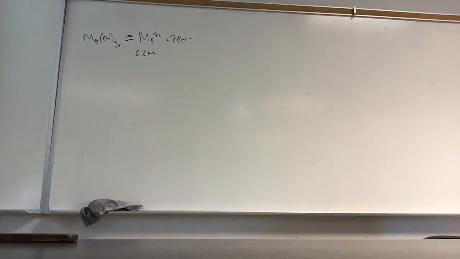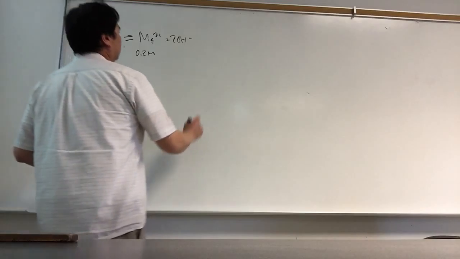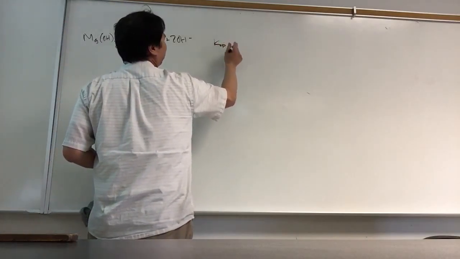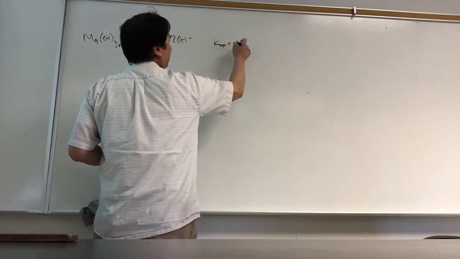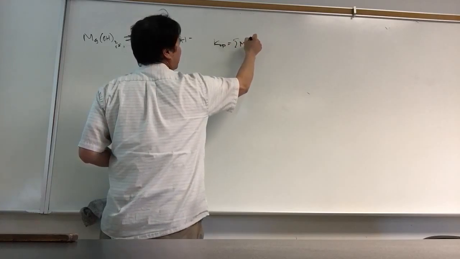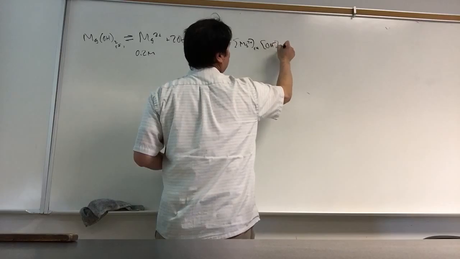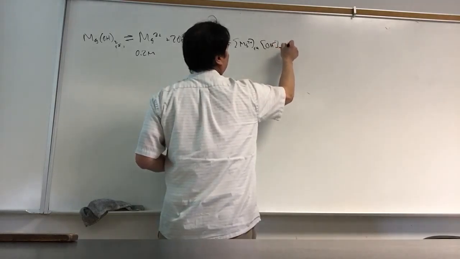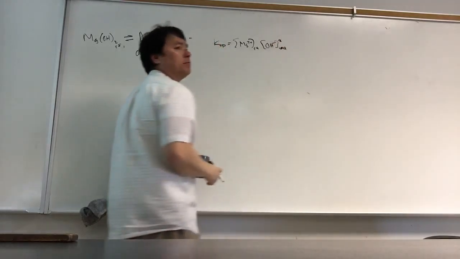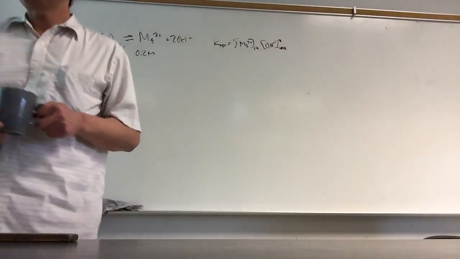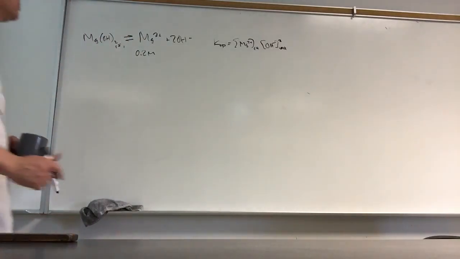But in Chem 1B, this is a KSP problem. And the KSP is going to be the magnesium concentration at equilibrium times the hydroxide ion concentration squared at equilibrium. And so what we want to do is precipitate all of this.